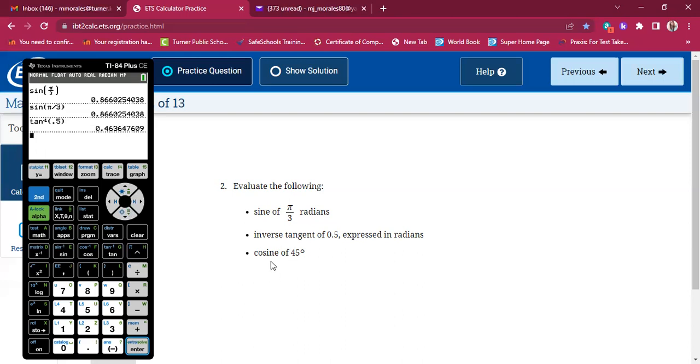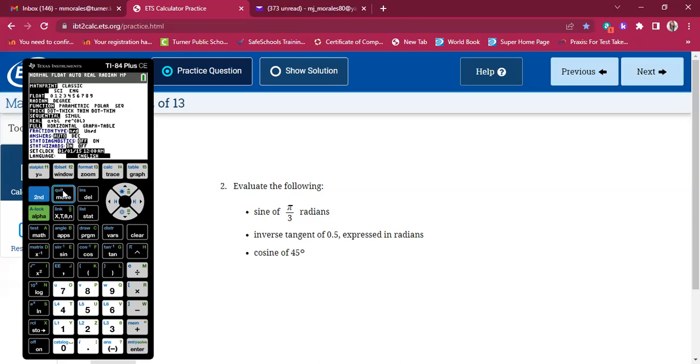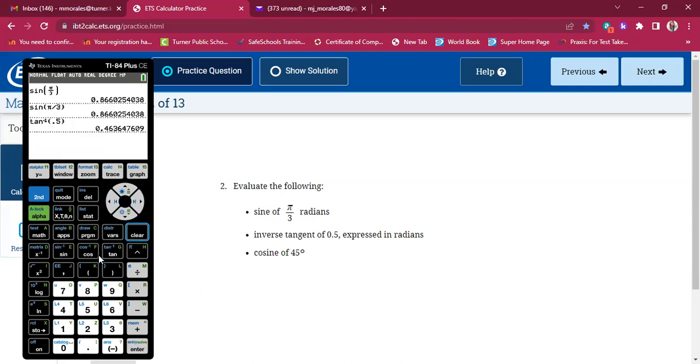And then the last one, cosine of 45 degrees. This calculator is set to radian. You can change the setting by choosing degree. Let's try first that one, degree, and I'm going to clear that out. So cosine 45. It's already in degree, so just enter that one.